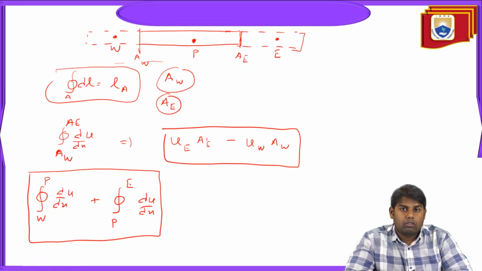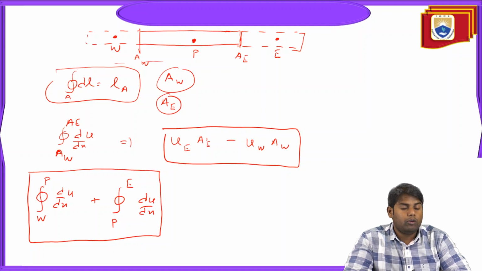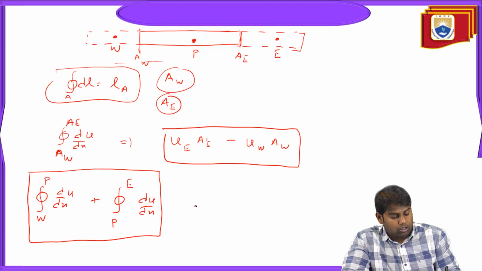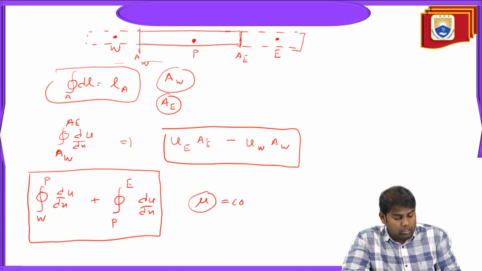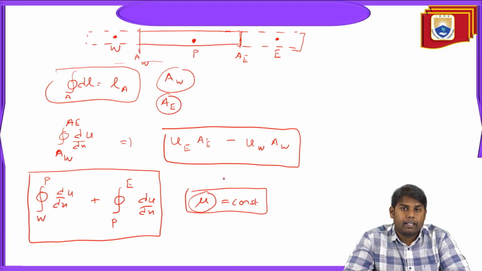Similarly, if you take mu as a constant, as we already discussed, the mu value is taken constant for laminar flow. If we consider eddy diffusivity or molecular diffusivity, then we cannot take it as constant.